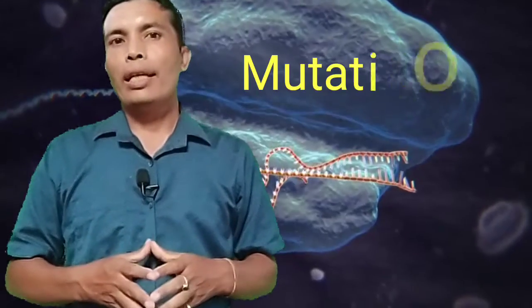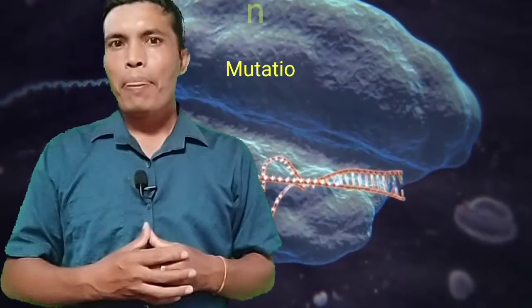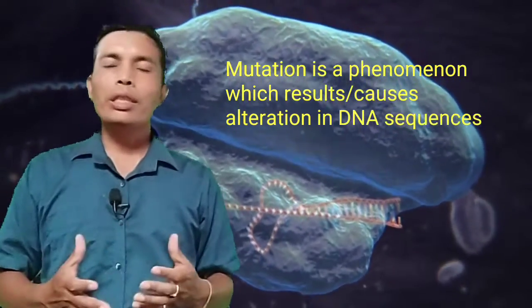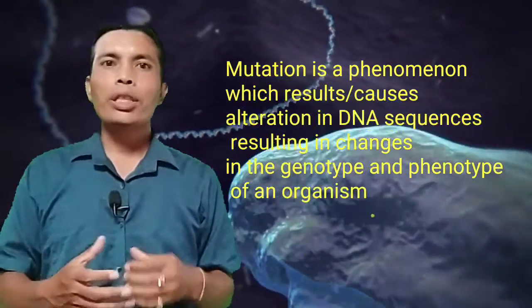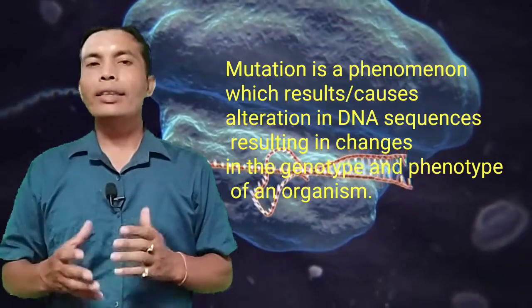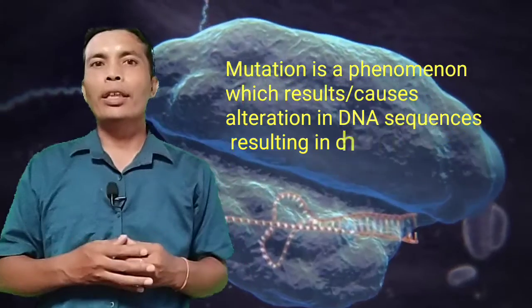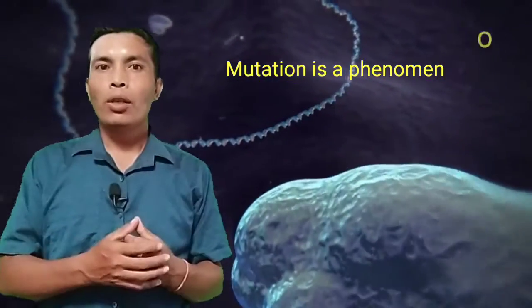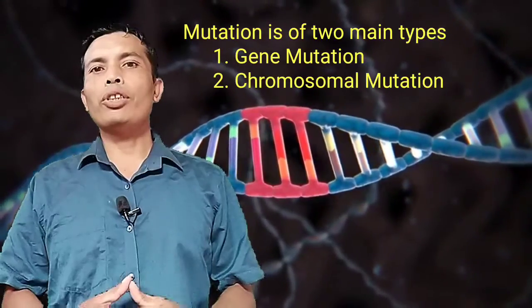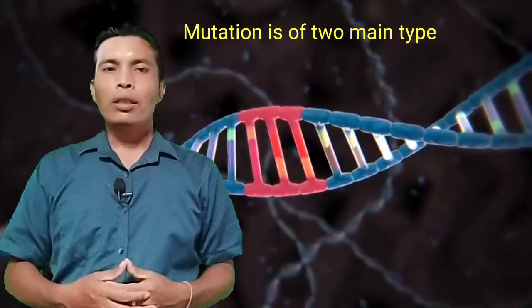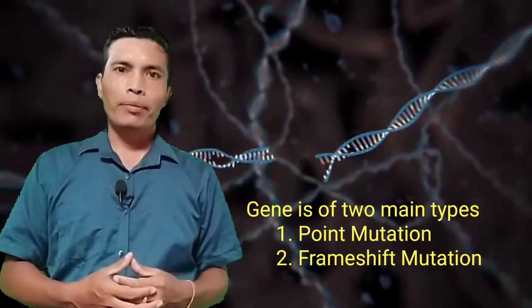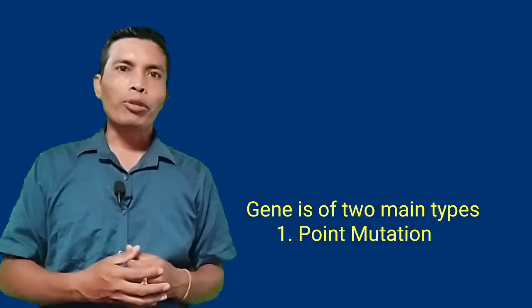Okay, now let us learn what is mutation. Mutation is a phenomenon which causes alteration of DNA sequences, resulting in changes in the genotype and phenotype of an organism. There are different types of mutations: gene mutation and chromosomal mutation. The gene mutation is of two types: point mutation and frameshift mutation. What is a point mutation?